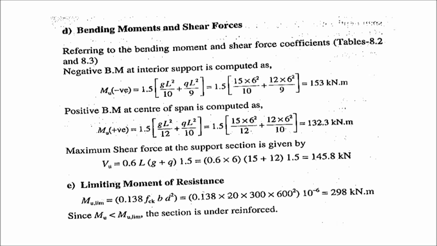Next step is limiting moment of resistance. Mu limit is equal to 0.138 fck b d square. Taking the fck, b, d values, we get the limiting moment of resistance 298 kilonewton meter. Since Mu is less than Mu limit, the section is under reinforced.